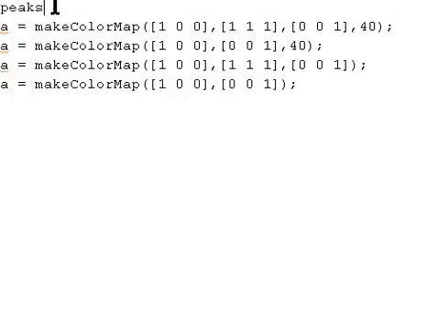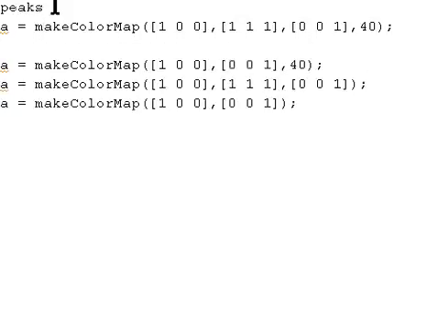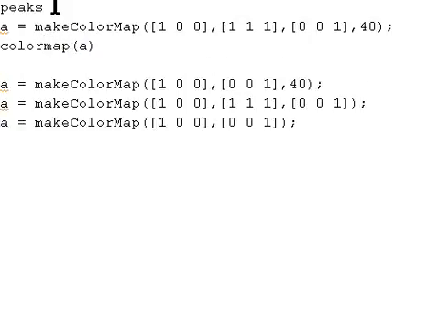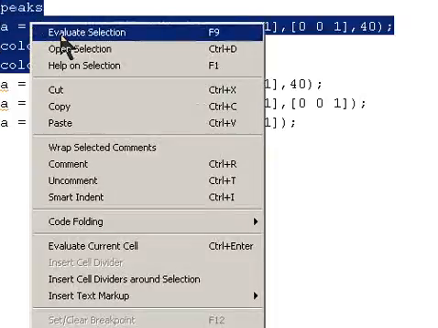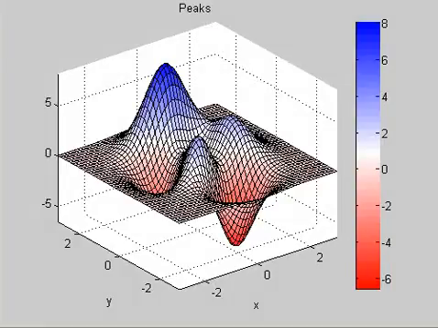I'm going to put peaks as our data set. And then after this, I'm just going to say color map A, and turn on the color bar so we can look at it. Let's run this. And we can see that we get a nice color map going from blue to white to red.